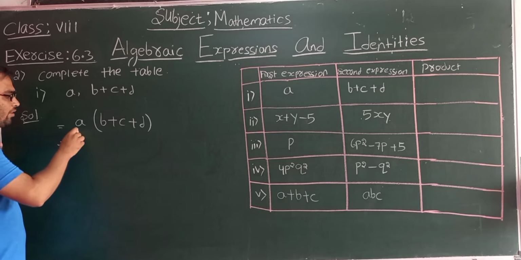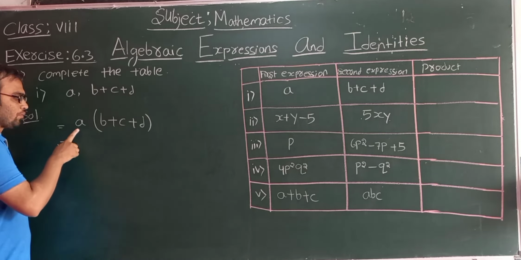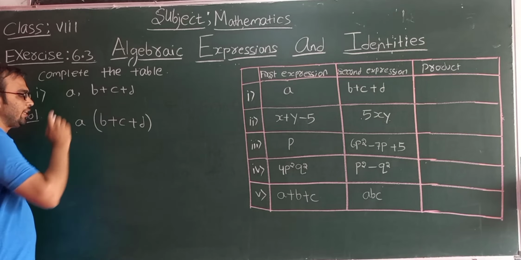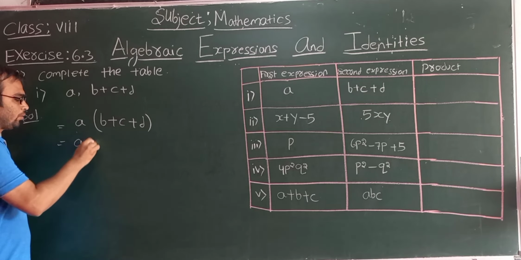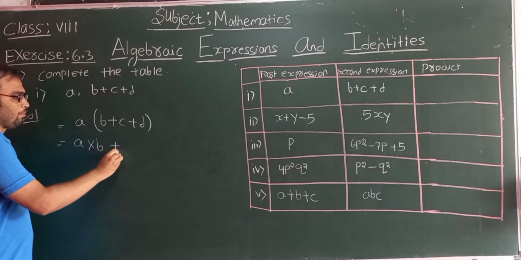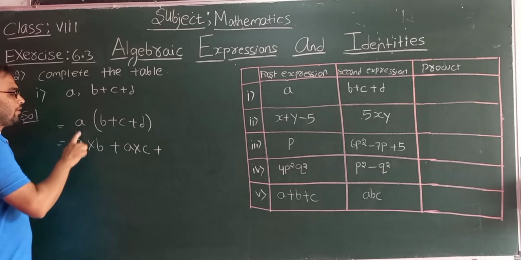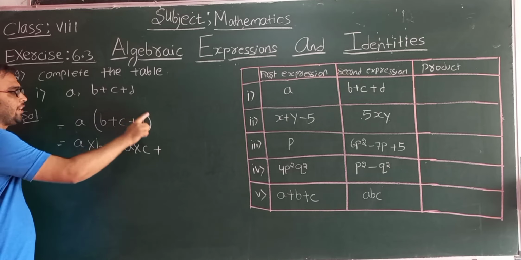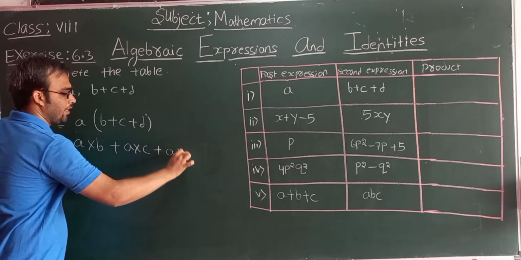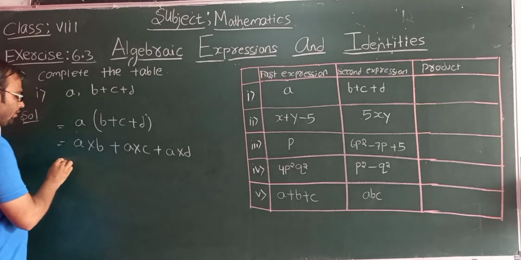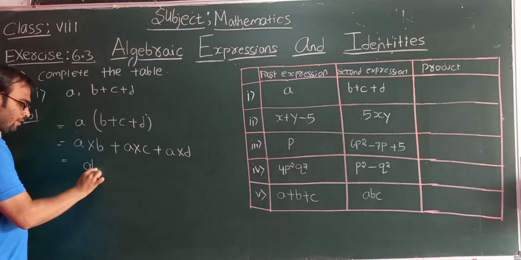Okay, so now a into b. So first we need to multiply a with b, next a with c, and a with d. Okay, now a into b plus a into c, next a into d. a into b is what? ab.